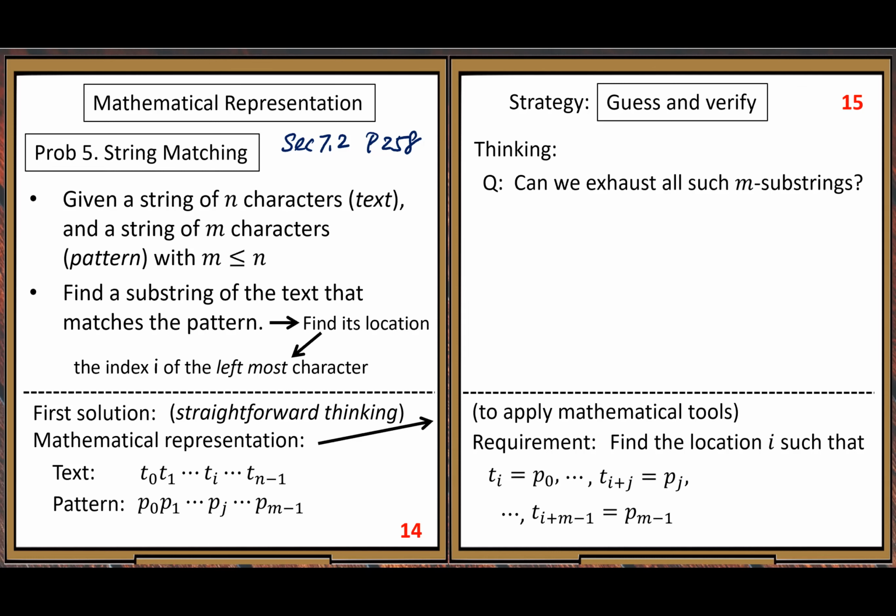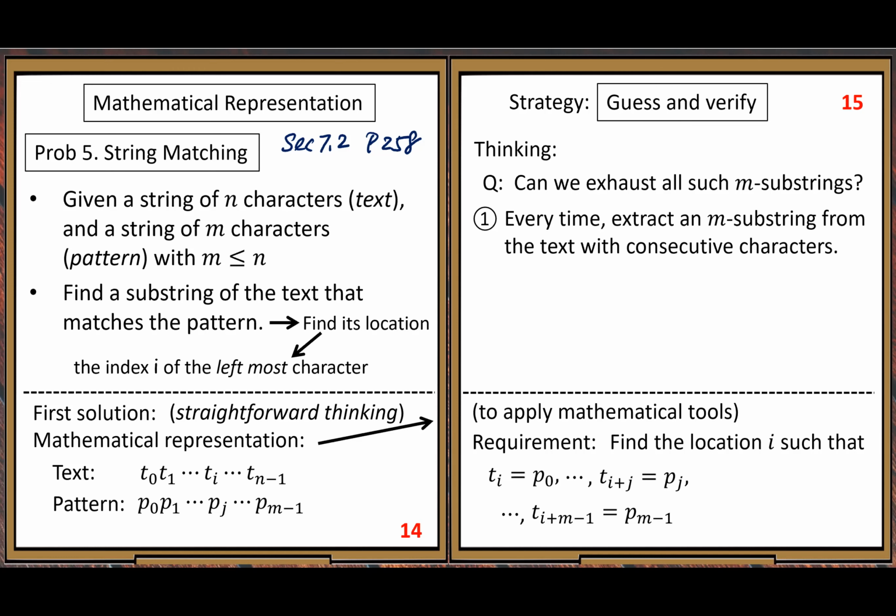All right, the first thing we want is to count the number of M substrings in a given text. It's a simple question, but we need to give an exact number as the answer. Let's try this question first.